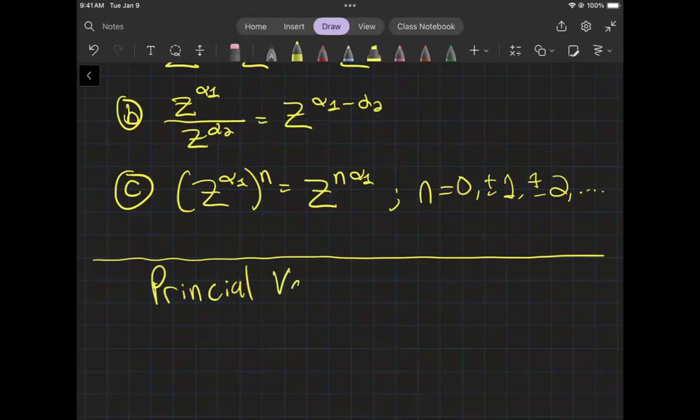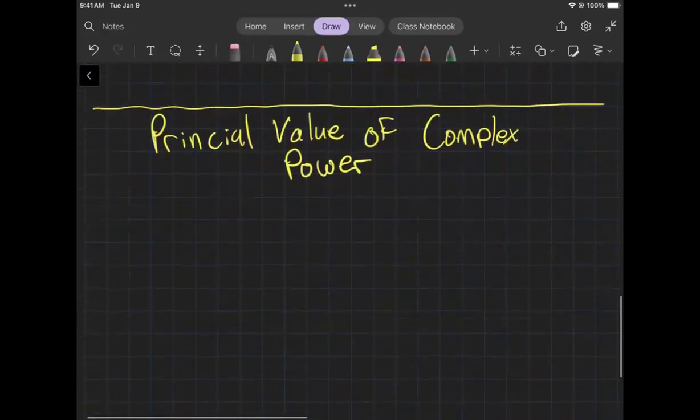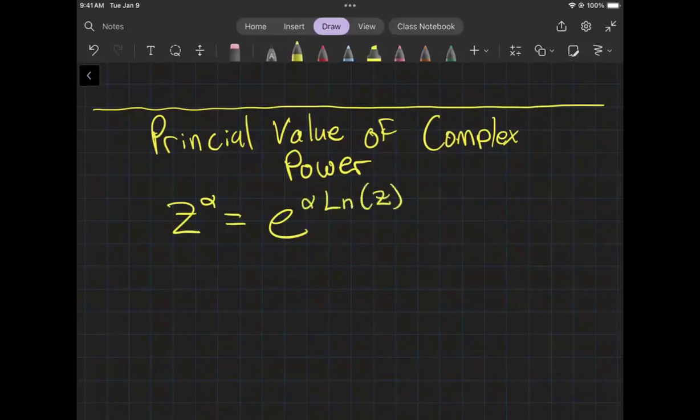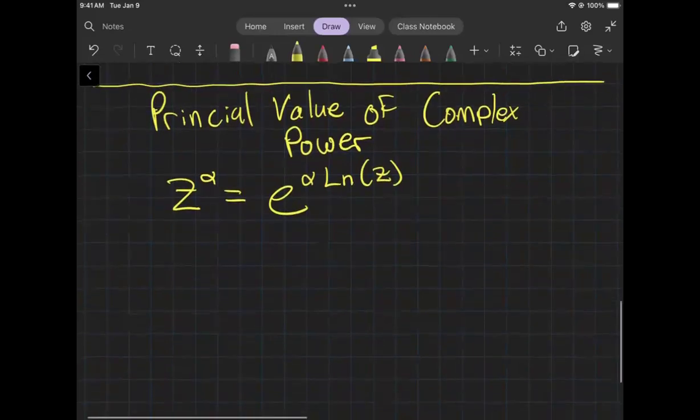We'll arrive at the same mindset for the principal value of a complex power. By definition, z raised to alpha is equal to e to the alpha times capital natural log of z, where capital natural log of z is the principal logarithm.